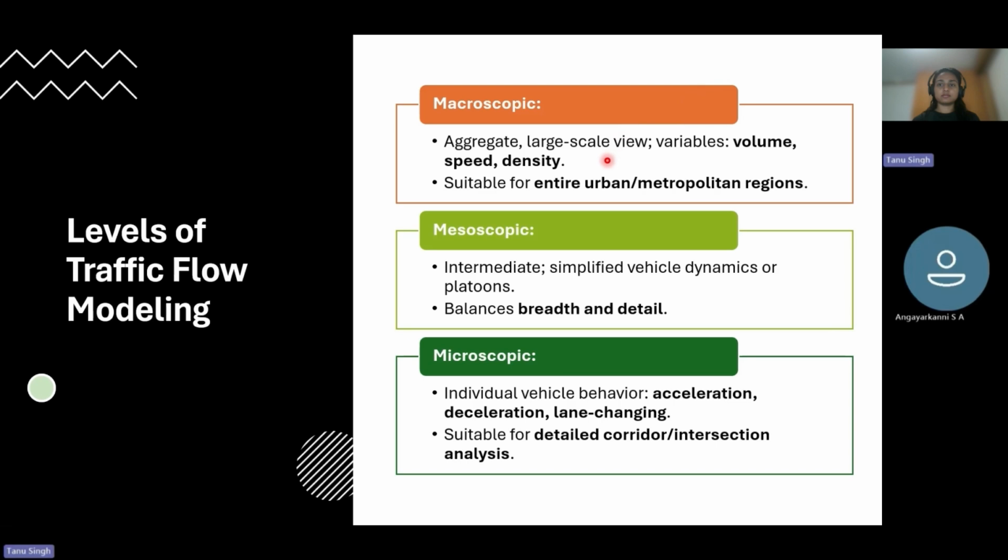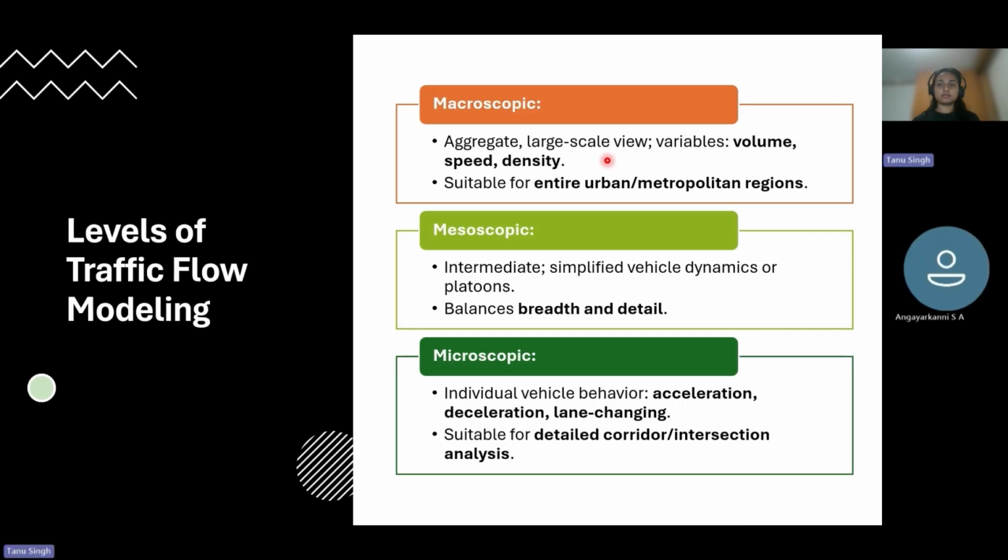It is suitable for analyzing an entire urban or metropolitan region. Then the second level is the mesoscopic, the intermediate level. Vehicles may be grouped into platoons or simplified vehicle dynamics are considered. So it balances both breadth and detail.